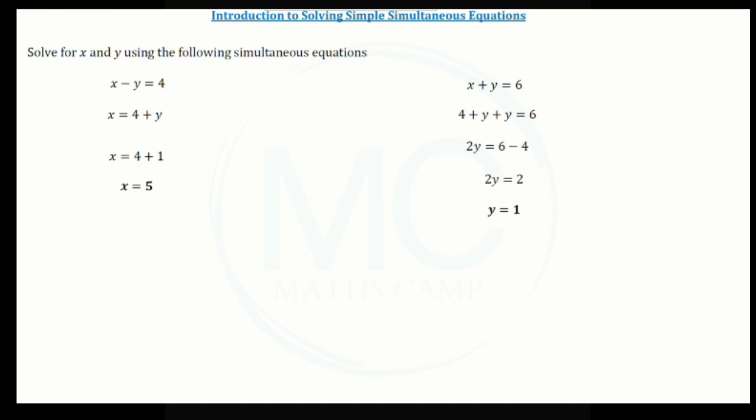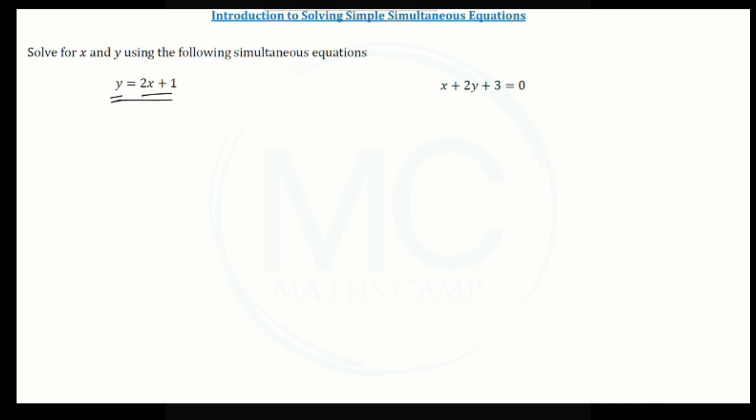Let's do another example. Here we have y is equal to 2x plus 1. And on this side, x plus 2y plus 3 is equal to 0. Now in our first equation, y is already the subject. So we can leave this as it is. And now I can substitute 2x plus 1 into our y value on this side.